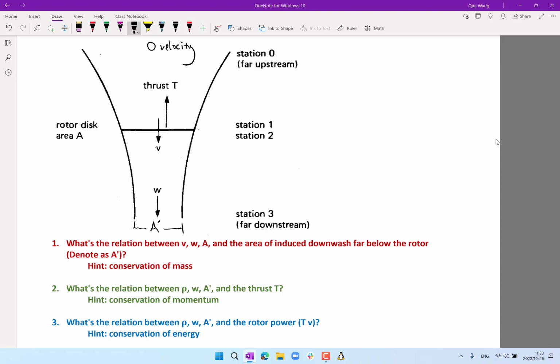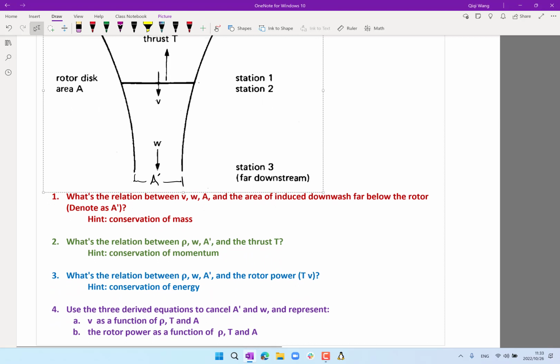Yeah. And then, isn't that how we did the power?